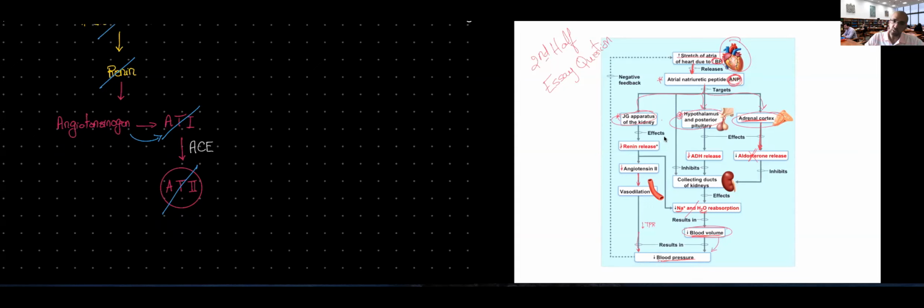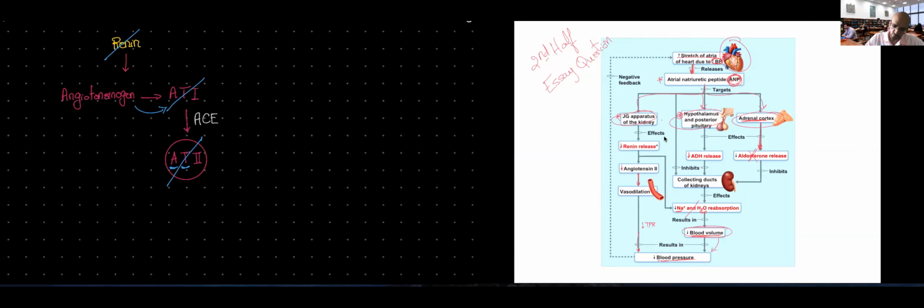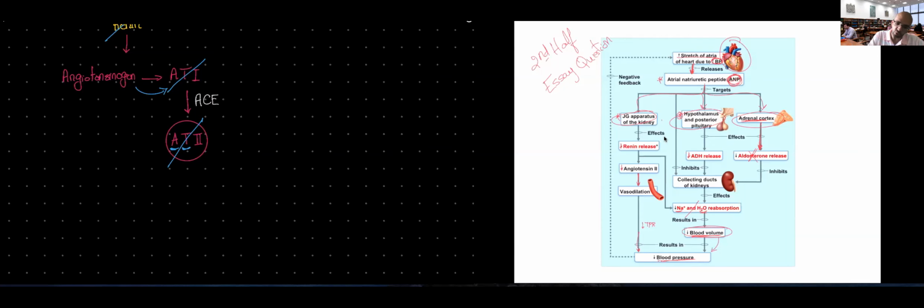So angiotensin II, remember the very first and most important action here. That's why I called it angiotensin. Angio means blood vessel and tensin means tension. I'm causing vasoconstriction of the arterioles. So if I don't have angiotensin II that causes the constriction of the arterioles, what's going to happen?